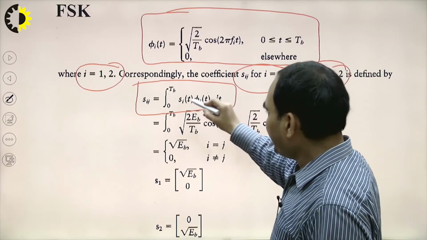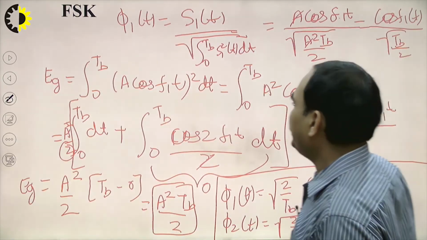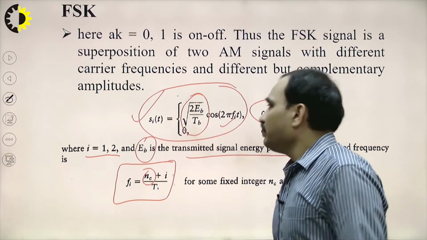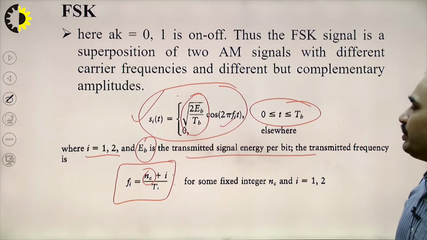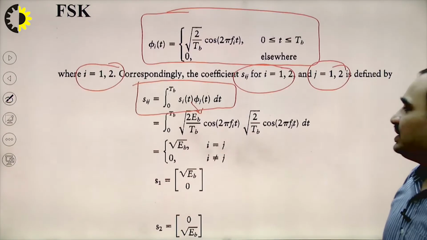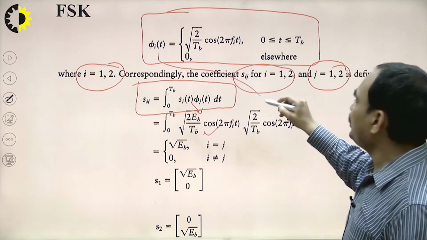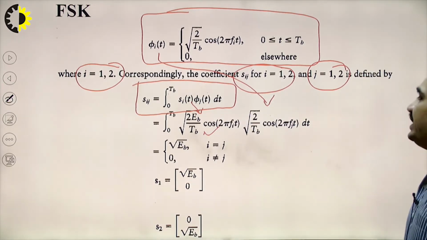So what is si(t)? si(t) is given by root of 2 Eb by Tb cos of 2 pi fi t, and phi j(t) we have substituted from here, root of 2 by Tb cos of 2 pi f1 t dt.